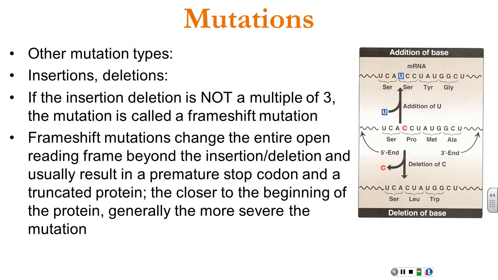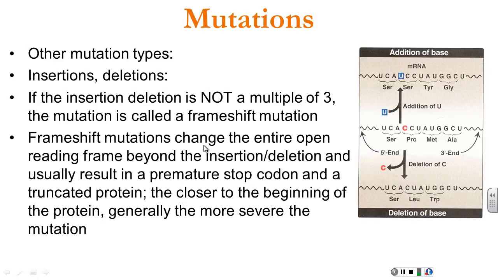So you change the open reading frame to a completely different protein, and usually you have an early stop codon as well. So you end up truncating the protein too. So if you looked at an individual and you did a Western blot, for example, for this particular protein, you would also notice that it would be shorter than normal in most of the cases.